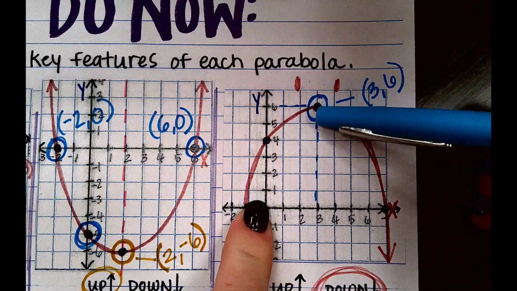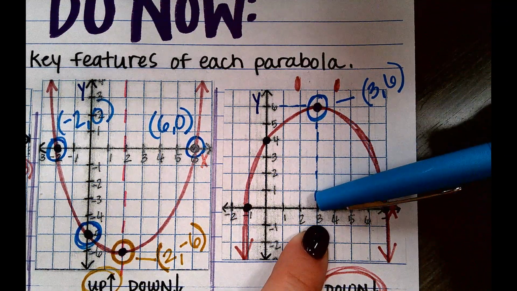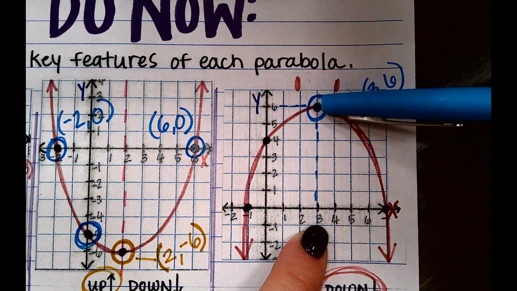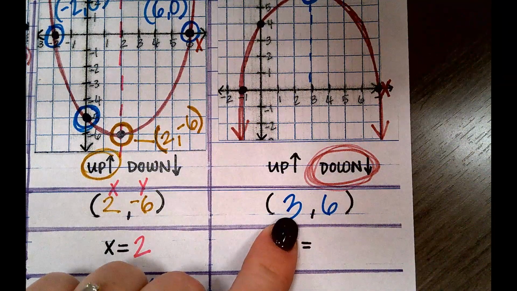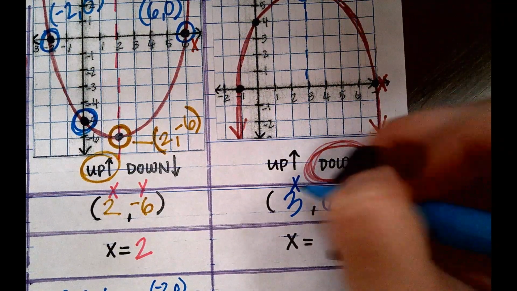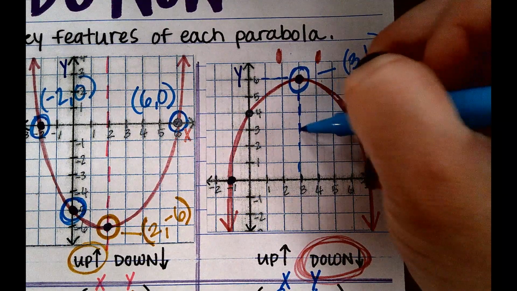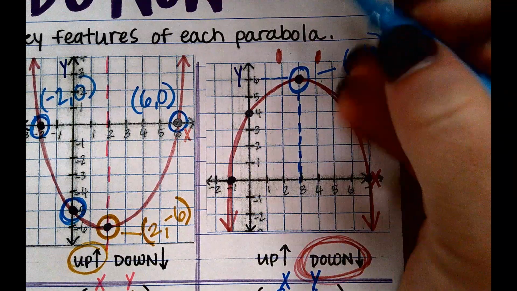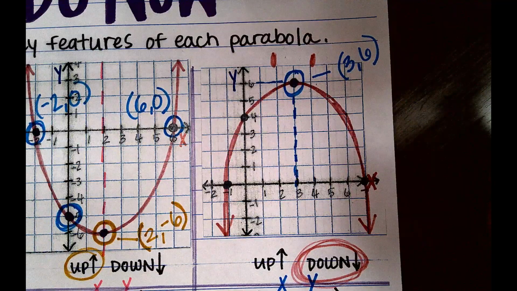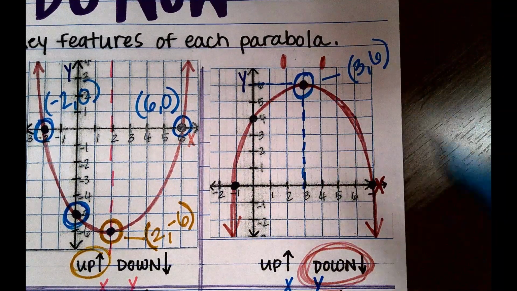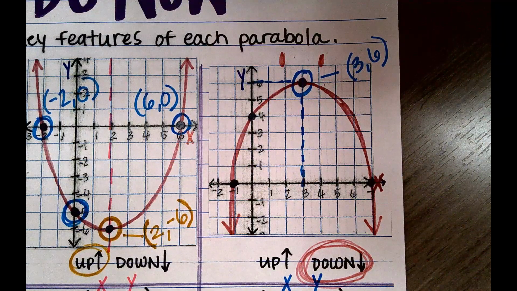So when I trace that line down to the X-axis, I'm lining up with 3. So that's my X value, and that comes first. Those invisible lines help you out. If it does help, draw some dotted lines. And whenever you do that, then you automatically have your axis of symmetry too. Just saying. So, does that help? Okay.